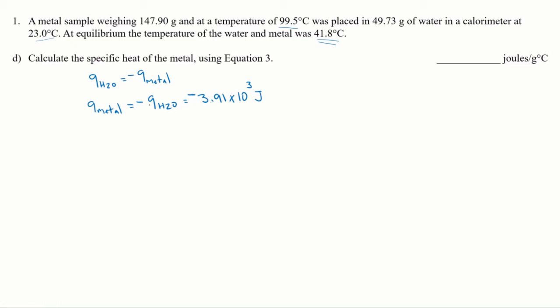Okay, so because I already know what Q of the metal is, now I could calculate the specific heat of the metal because I have all the other information in the problem. So Q of metal is equal to the mass of the metal times the specific heat of the metal times change in temperature of the metal. The mass of the metal is right here. It's 147.90 grams.